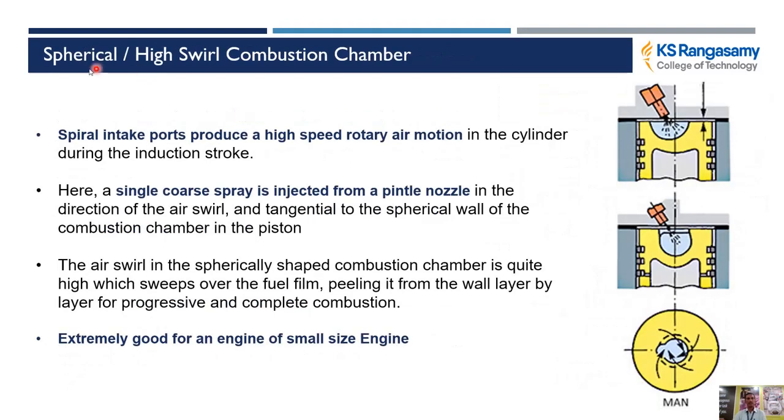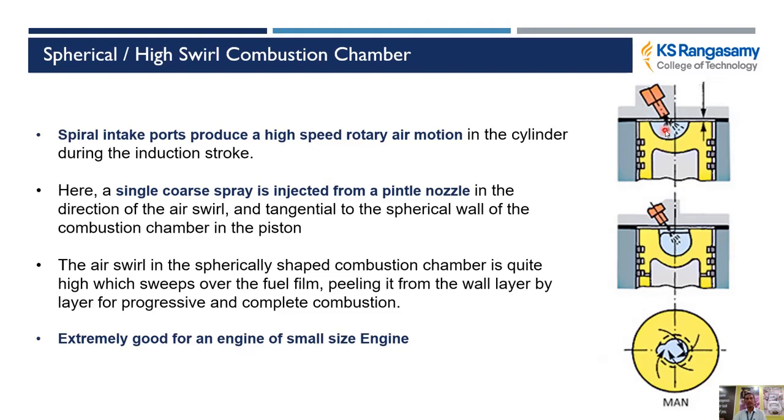Next one is called the spherical high swirl combustion chamber, because here we are using a single point injector. The fuel is injected only at a single point, and this shape of combustion chamber is used for small sized engines, where the engine speed is maximum, so the time duration for mixing of fuel with the air is minimum.